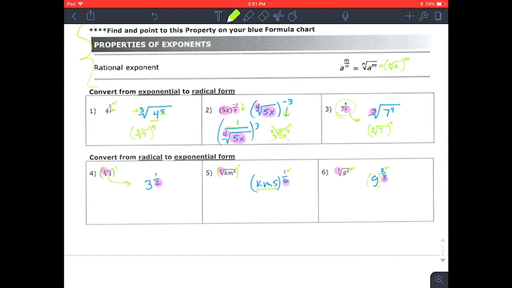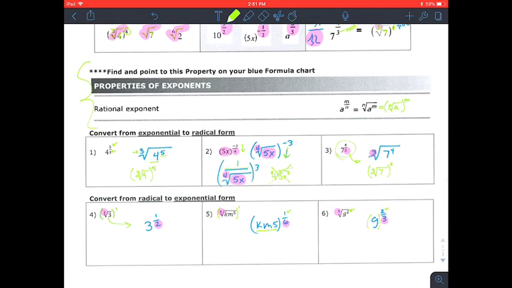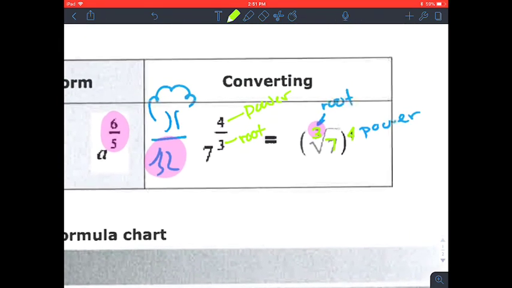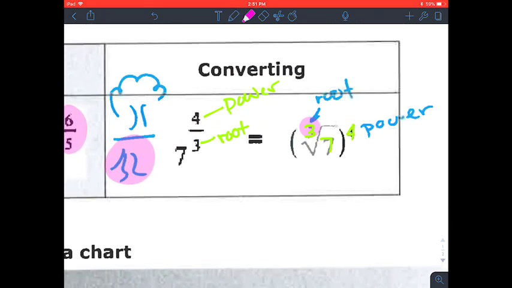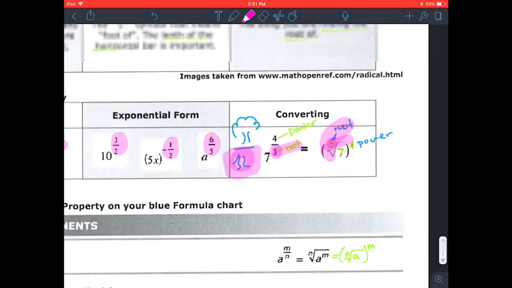So the key to getting these things converted, again, is to look at your root staying with your root symbol. So the roots are just like they're below ground, they're going to stay below on that fraction bar, and then it's going to stay with the root or radical symbol.